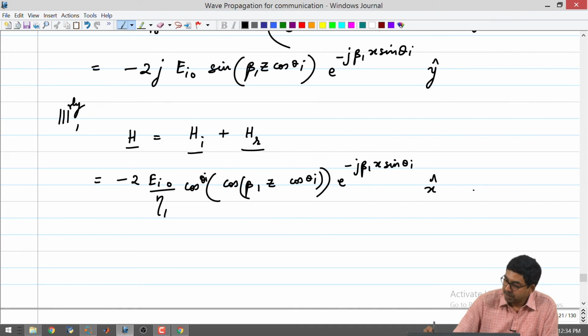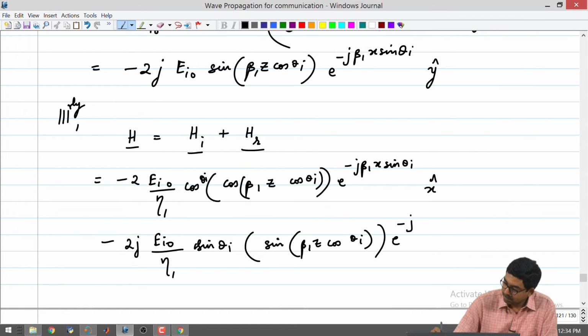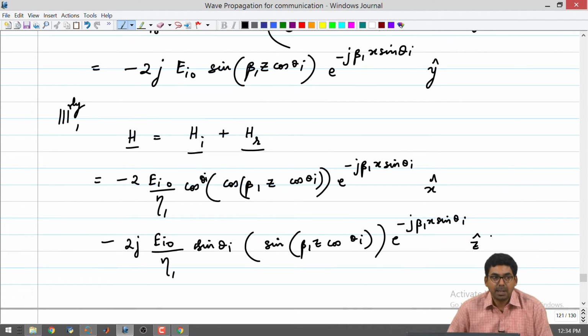This is the x component, and then I have a z component which looks like this. You can do this patiently by just adding the two terms.